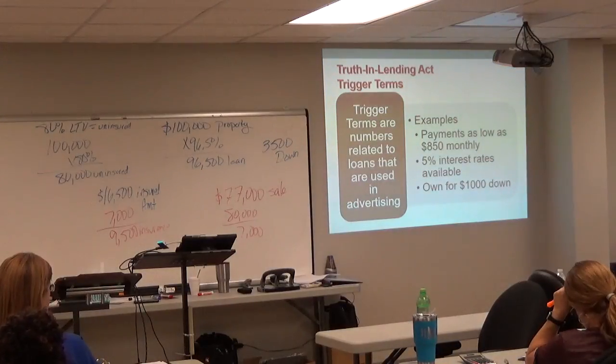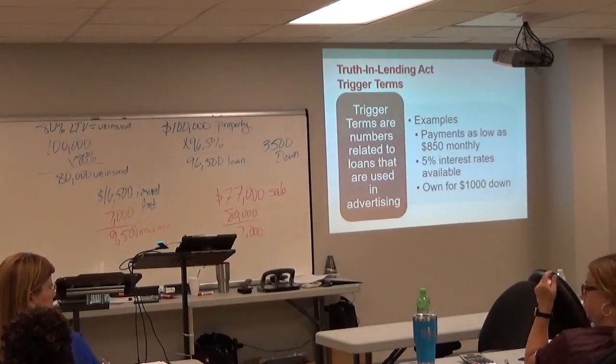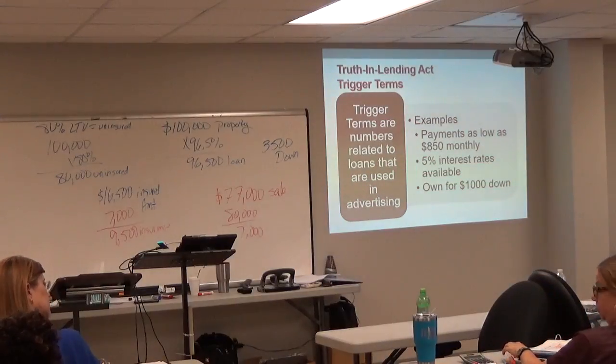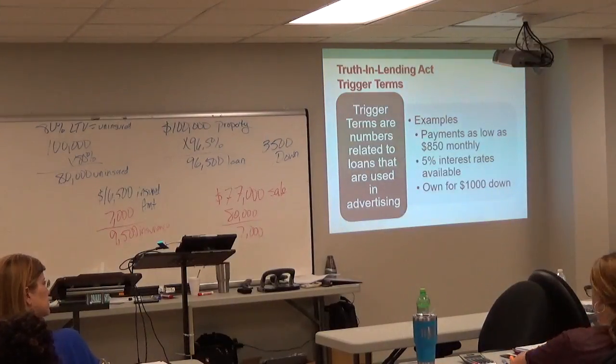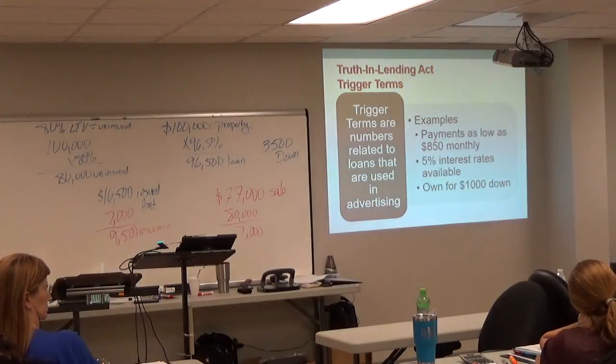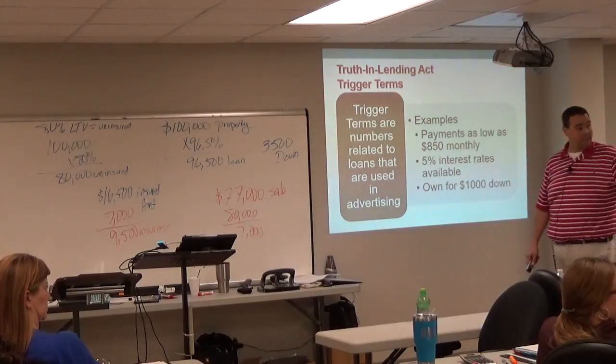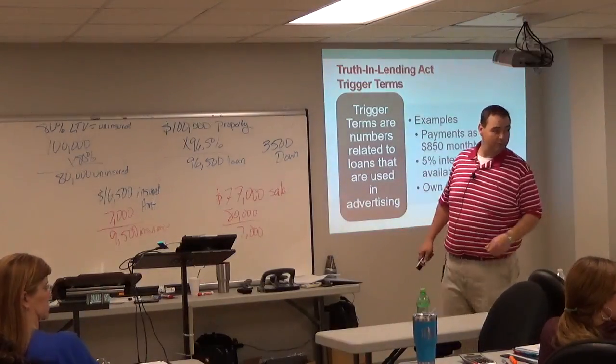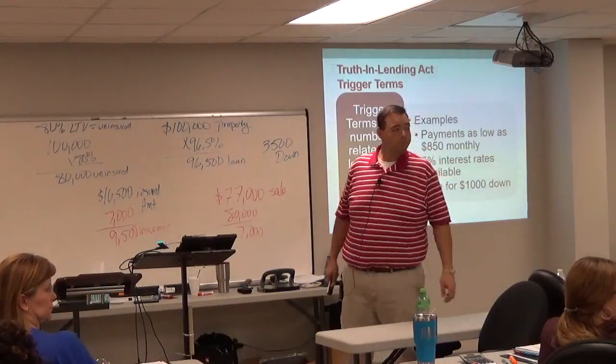And so back to Patrice's question, she says she sees these signs that say USDA financing available. And it doesn't have all those things. Does it have to? No, because they haven't used any what? They haven't used any numbers, they haven't used any trigger terms. That's literally where the line in the sand is. Yes, ma'am, Michelle. Where does it have to be advertised?